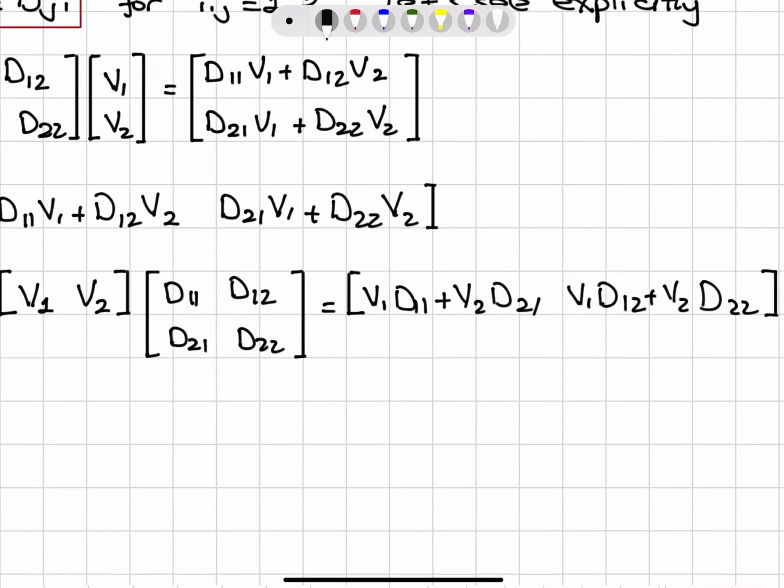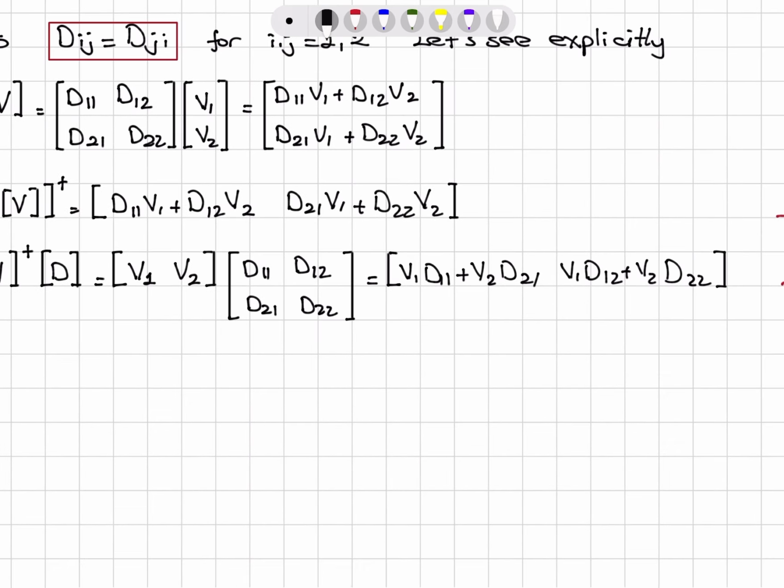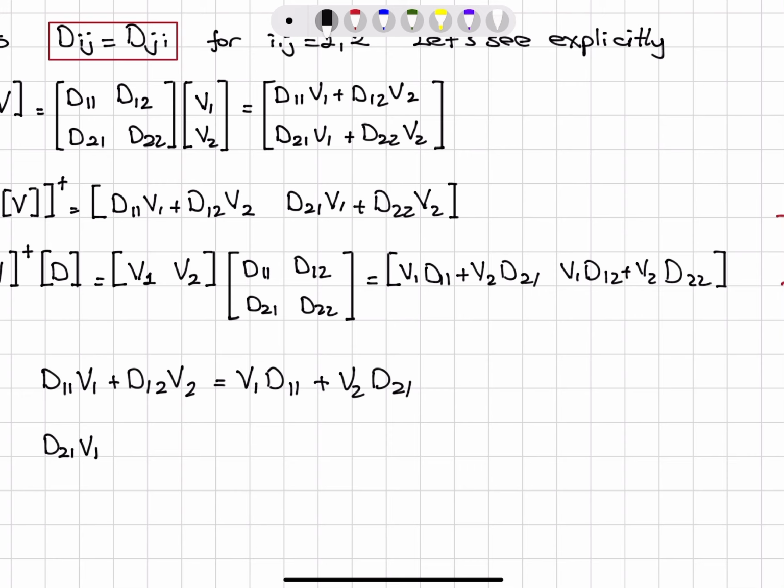Now I'm supposed to compare these two answers. If I do, I find that for them to be equal, the first element D11 V1 plus D12 V2 should be equal to V1 D11 plus V2 D21, and the second element D21 V1 plus D22 V2 must be equal to V1 D12 plus V2 D22.